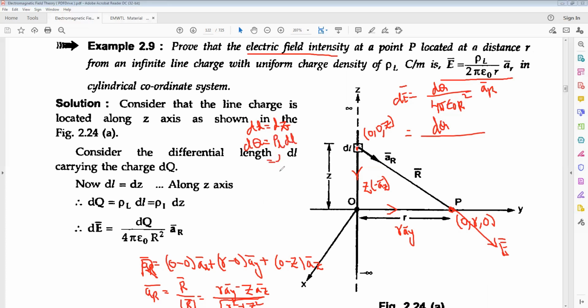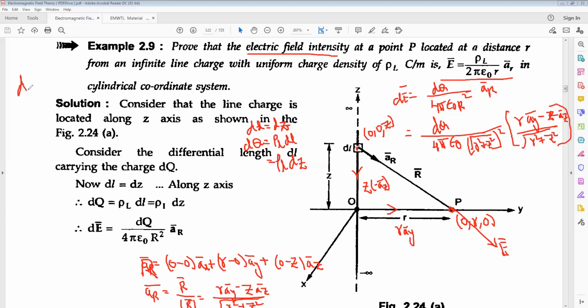That dl is on the Z axis, so dl is equal to dz. 4 pi epsilon naught and R square is under root of R square plus Z square whole square, and AR bar, R into AY bar minus Z into AZ bar, whole divided by under root of R square plus Z square.